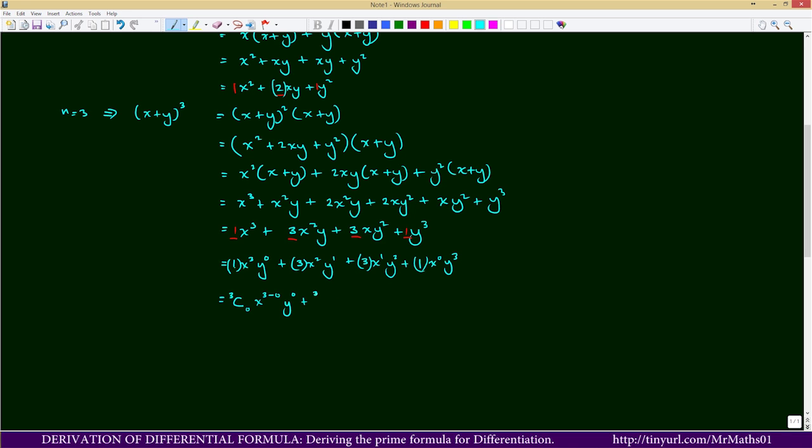We shall name it 3c1 with x to the power 3 minus 1 and y to the power of 1. And the third coefficient, as you can see the pattern, is 3c2, x to the power of 3 minus 2 and y to the power of 2. And the last one is 3c3, x to the power of 3 minus 3, times y to the power of 3.